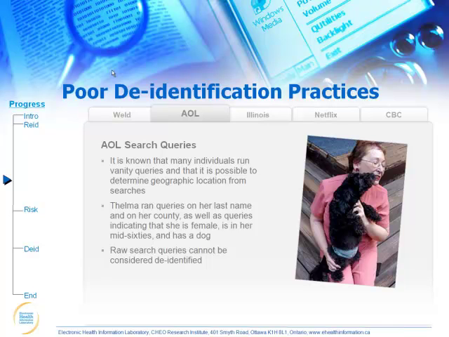So looking at the white pages is probably all you really need to do in order to figure out who that person is. So the AOL example is not a compelling example because the search queries were quite identifiable to start off with. And of course it was a very big mistake by AOL to release such identifiable information publicly.